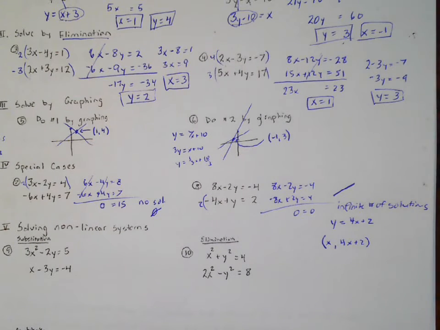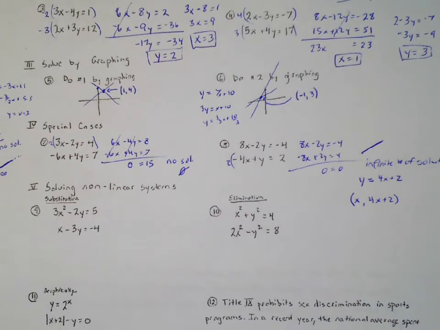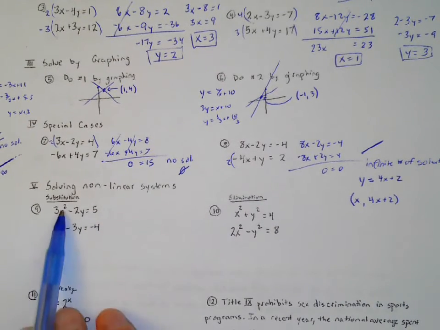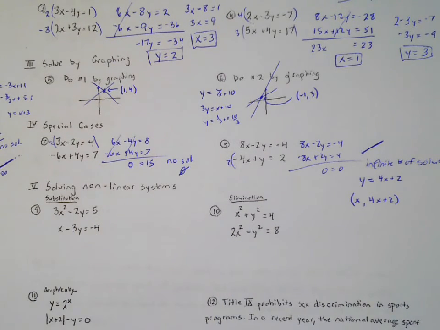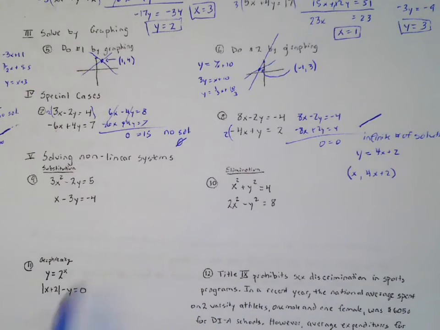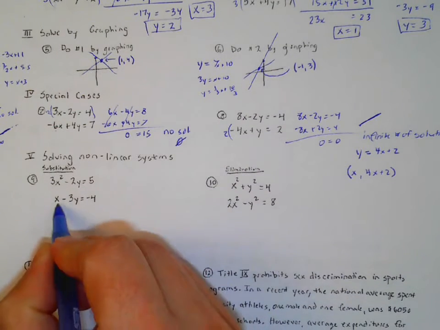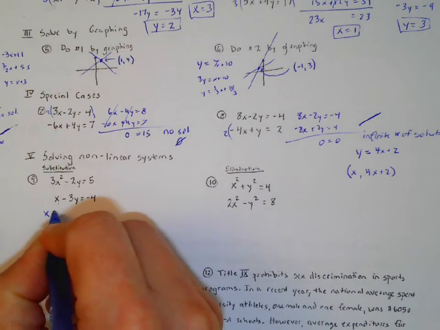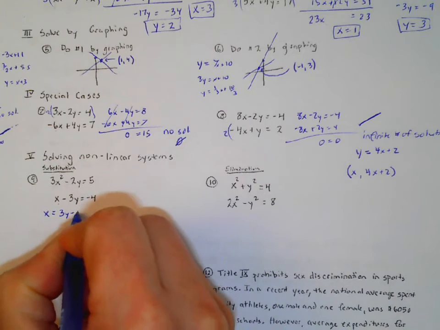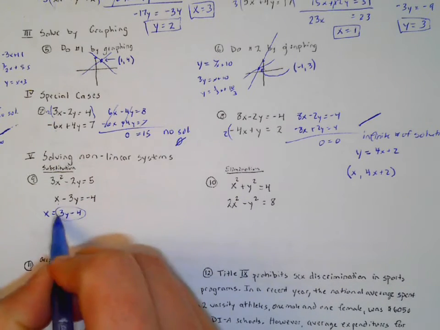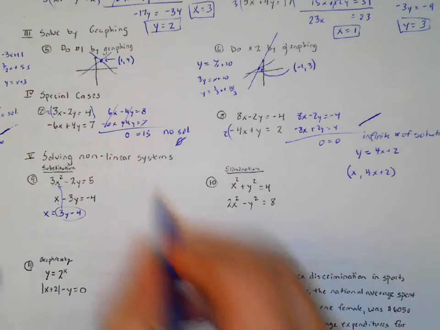In Algebra 2, you then got to nonlinear systems, with x squared and so forth. So we'll solve a couple of these here too, using substitution. If I solve for x here, I know that x is equal to 3y plus 4. Then I can take that and substitute in there for that x.